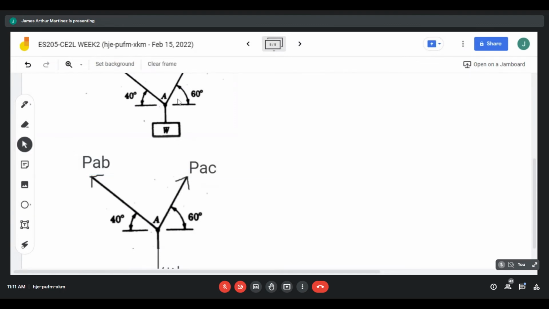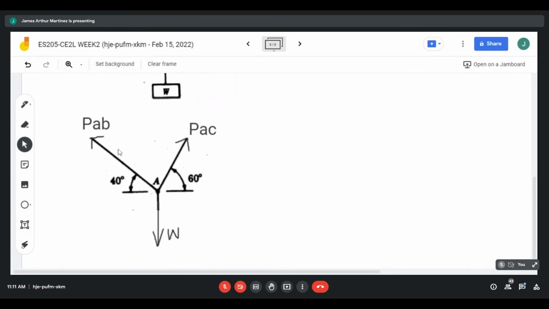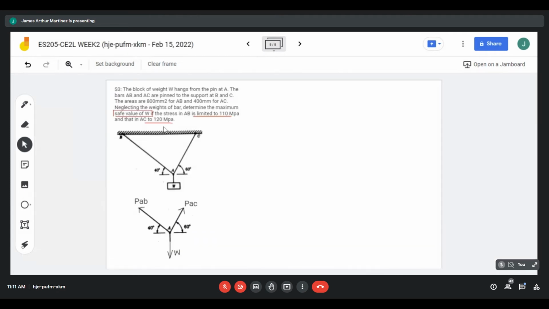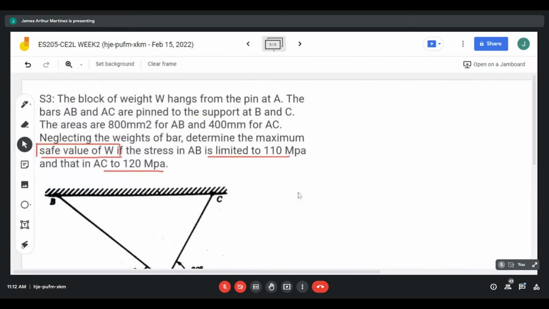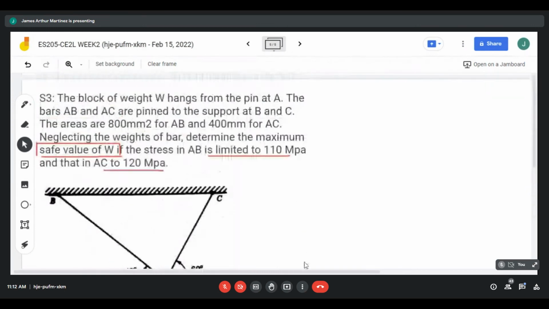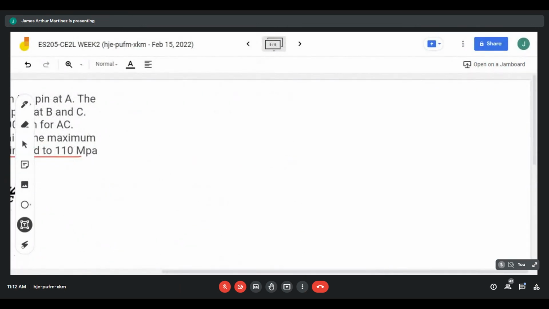Now for solving, we will use our knowledge of concurrent force systems in statics. We take the summation of forces on the x and y axis to generate equations. Summation of forces on the x-axis equal to 0.